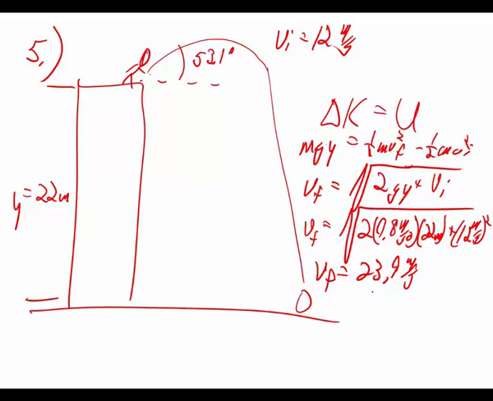So if I throw it down, is that going to affect it any? Once it comes out of my hand, it doesn't matter whether I'm throwing it down or up at an angle. It's not going to affect the final velocity, because once it's out of your hand, the only influence on it is gravity.